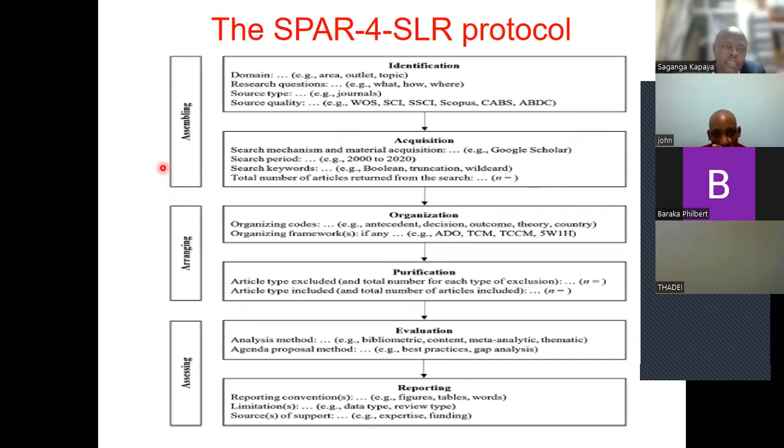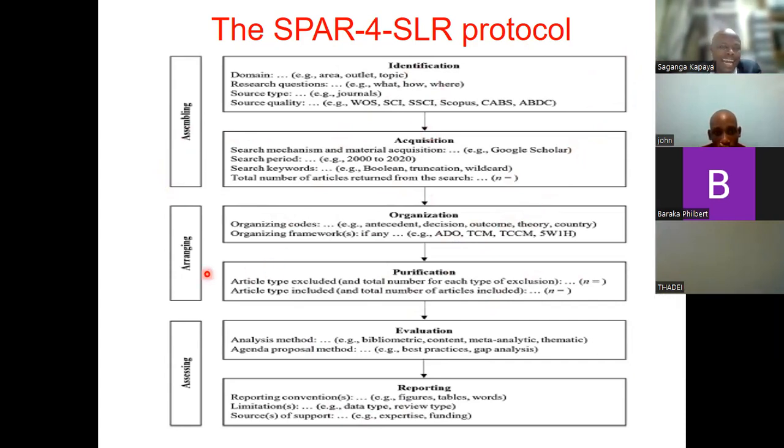Now, assembling, that's the first main chunk. Then you have arranging, and then you have assessing. Now, within each of these major blocks, you have subgroups of steps. So within assembling, you have identification and acquisition, of course, of the literature.